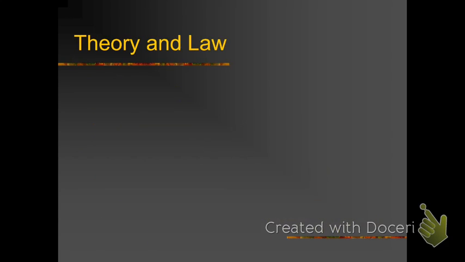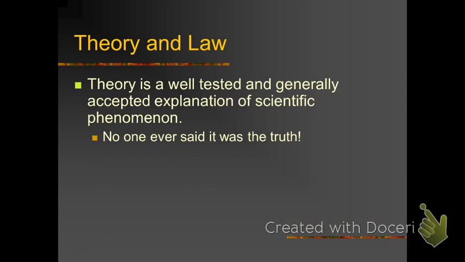The next little part of notes has to do with the words theory and law, and I'm sure you've heard of these things before. A theory is a well-tested and generally accepted explanation of a scientific phenomenon. So the words we're looking for there are accepted explanation of scientific phenomenon.